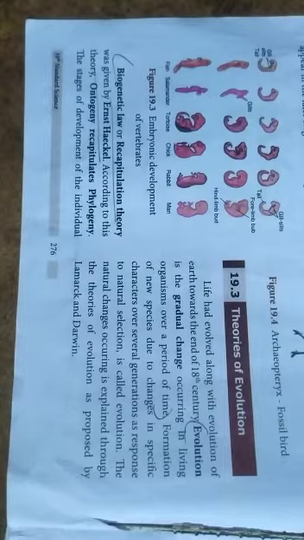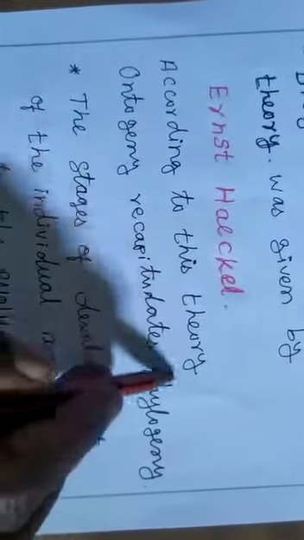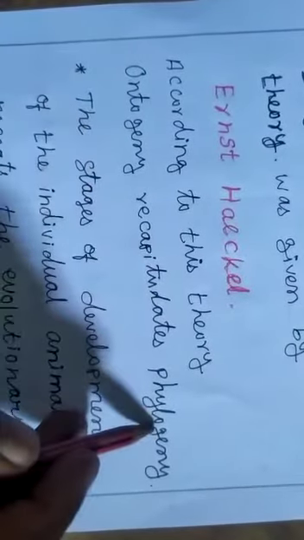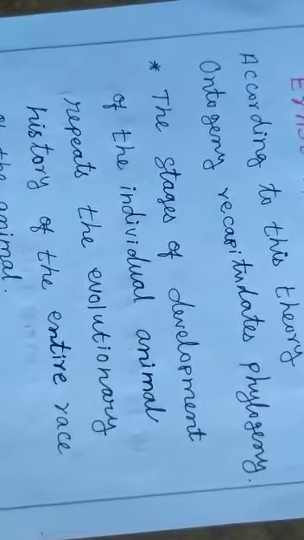The stages of development of the individual animal repeat the evolutionary history of the entire race of the animal.